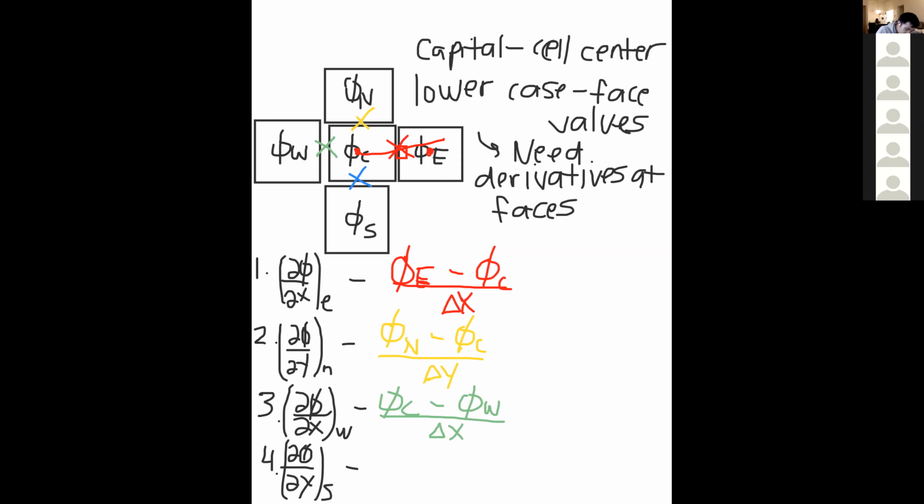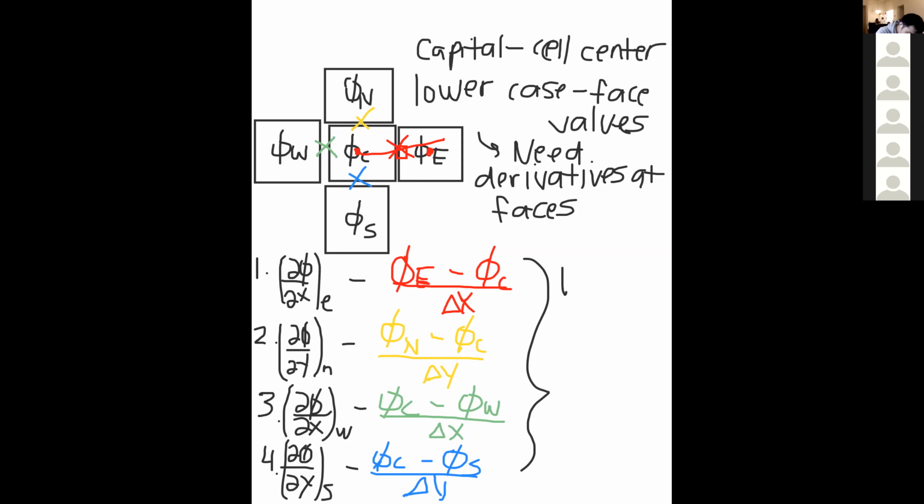And then d phi dy at the south face is going to be phi capital C minus phi capital S all over delta y. That should be a y. And so what we're going to do is take these expressions and plug them into our finite volume expression, which we had on the previous board.